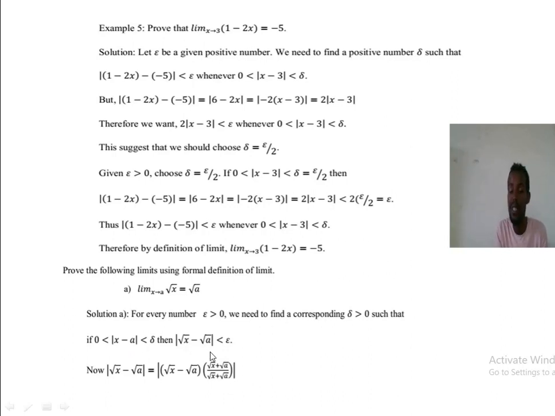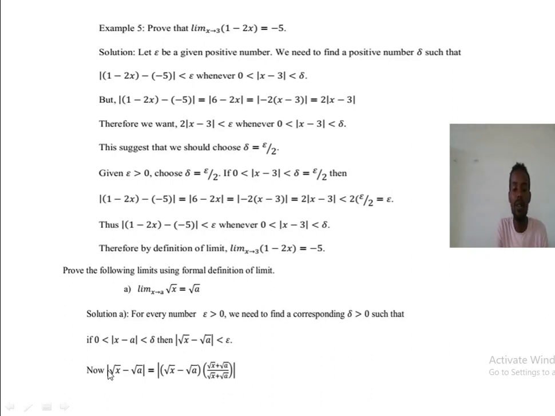So we need this expression to be changed into what? The absolute value of x minus a times some constant, so let us start from the square root of x minus the square root of a. What is the absolute value of the square root of x minus the square root of a?